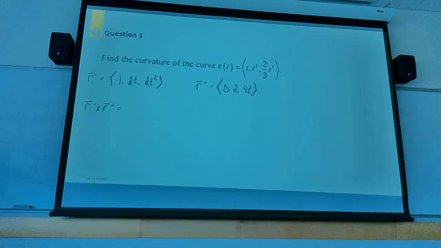Now we calculate the cross product. Eight t squared minus 4t squared. Negative quantity of 4t minus 0.